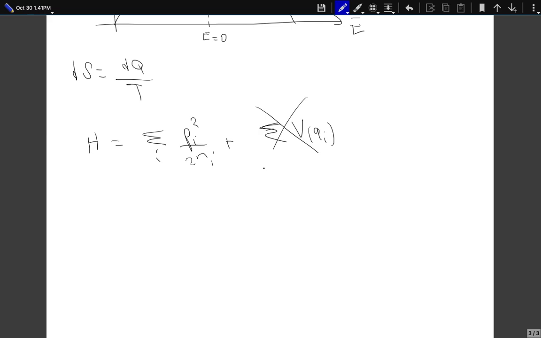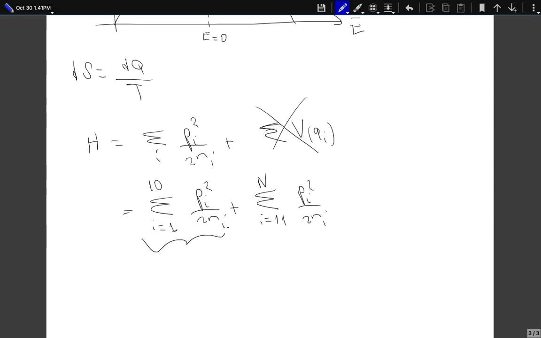So when I'm picking these 10, 20 particles over here, I'm essentially picking some degrees of freedom. In this case, if we are in 3 dimensions and I pick 10 particles, then I'm just picking 30 degrees of freedom.